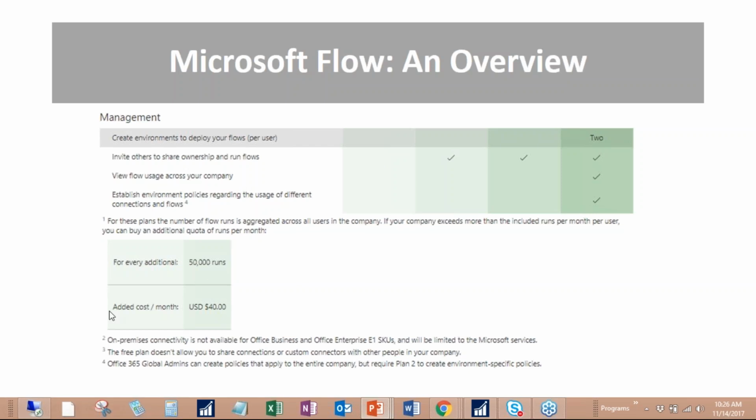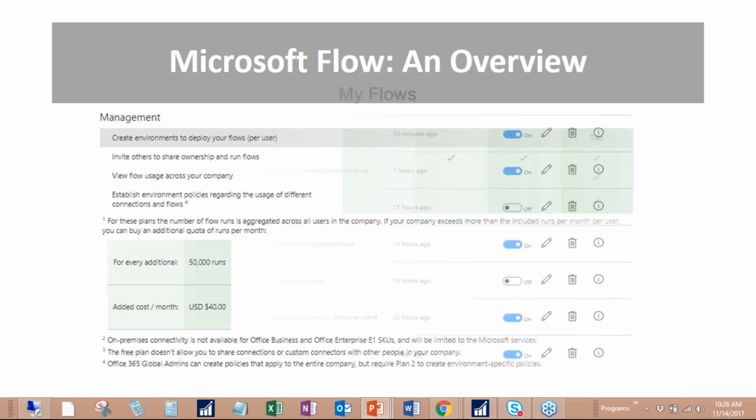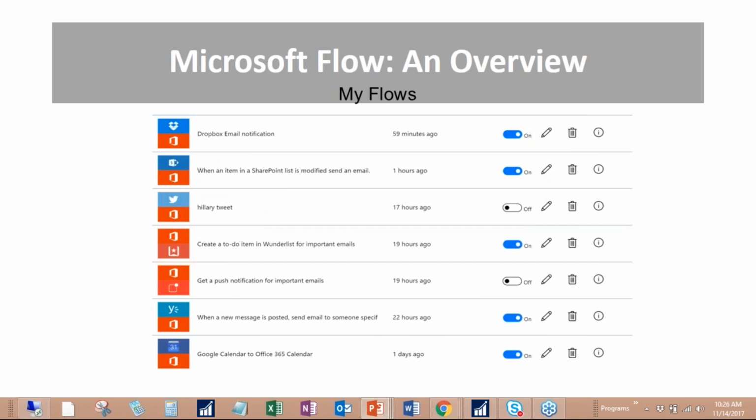Again, there's some fine print about how the runs are aggregated across your organization and some of the finer points. But this is a screen cap from an older instance of Flow that I was using, that had Dropbox email notifications configured and SharePoint list modifications.